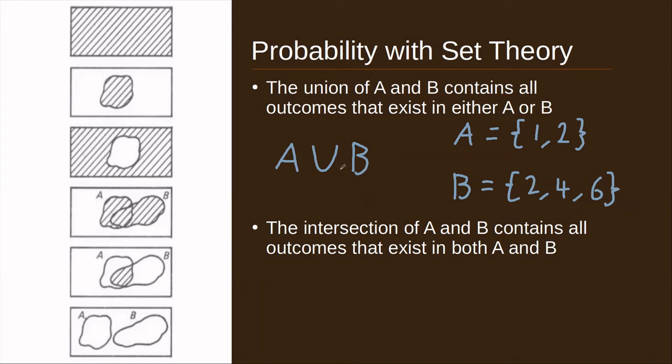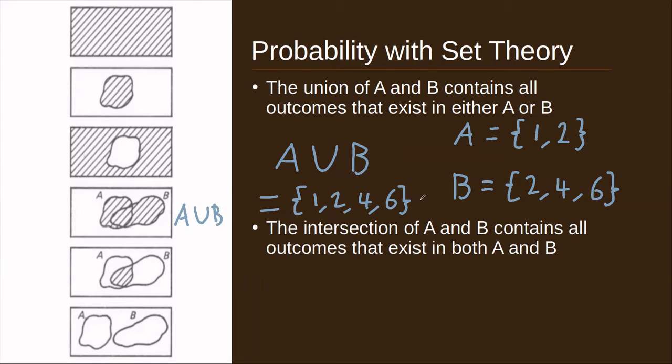In this case, the union of A and B should contain all outcomes that exist in either of these 2 events. So the union of A and B is going to be the set 1, 2, 4, and 6. Visually, you can see that on the left here, we have A union B.